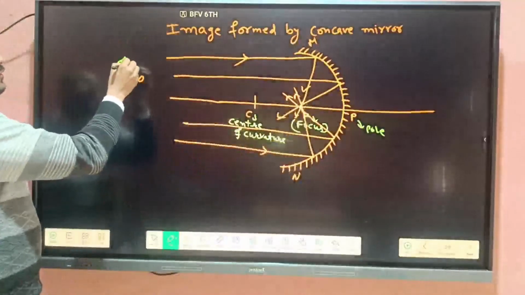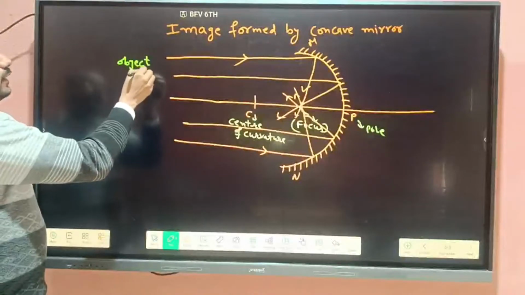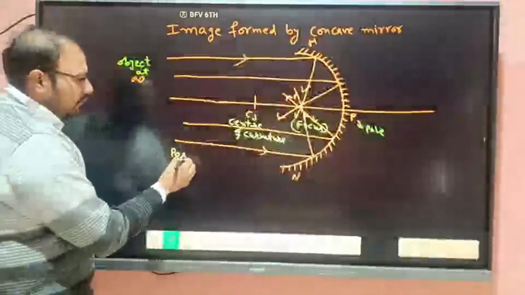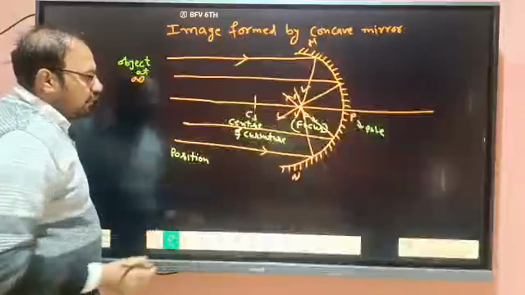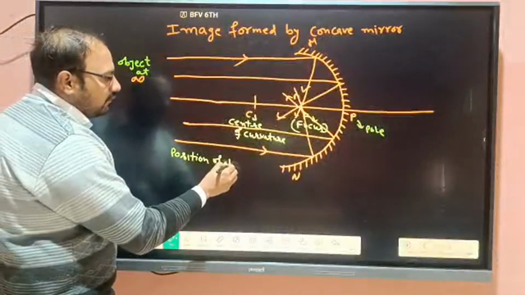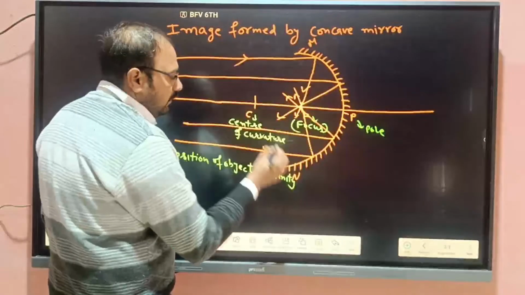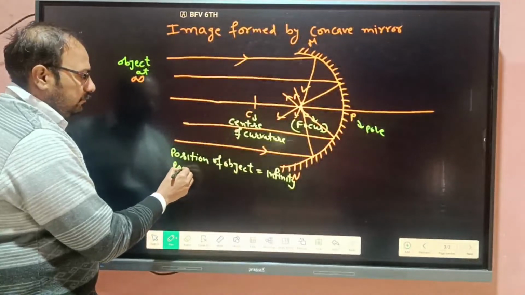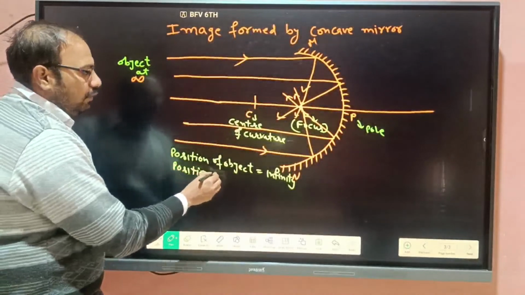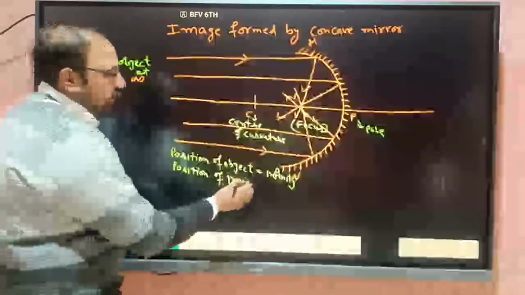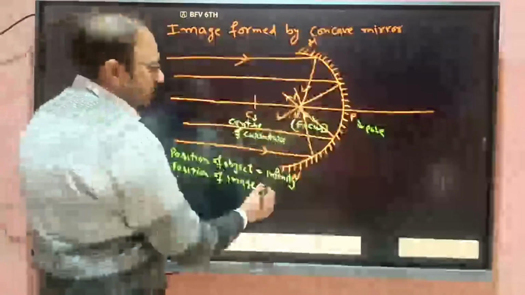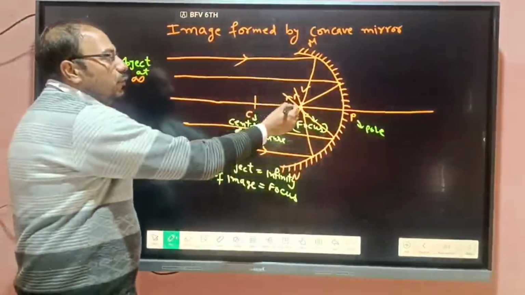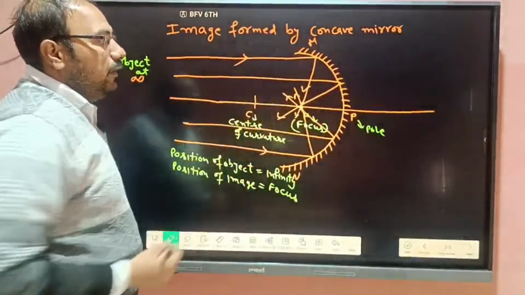Object at infinity. First, position of object. Second, position of image: it forms at the focus. Which type of image forms here? A real and inverted image.